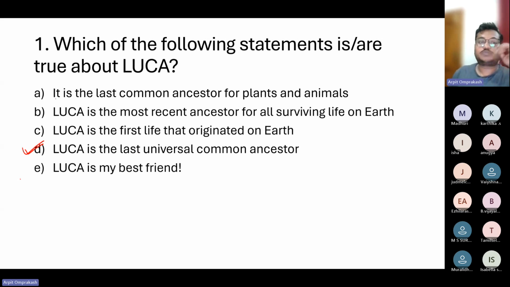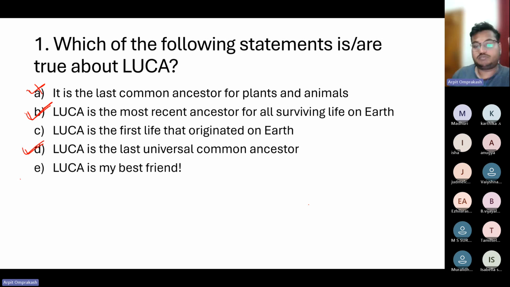The second option is it is the last common ancestor for plants and animals, and B is it is the most recent ancestor for all surviving life on Earth. Okay, yeah. So it will be B and D, not A, sorry.